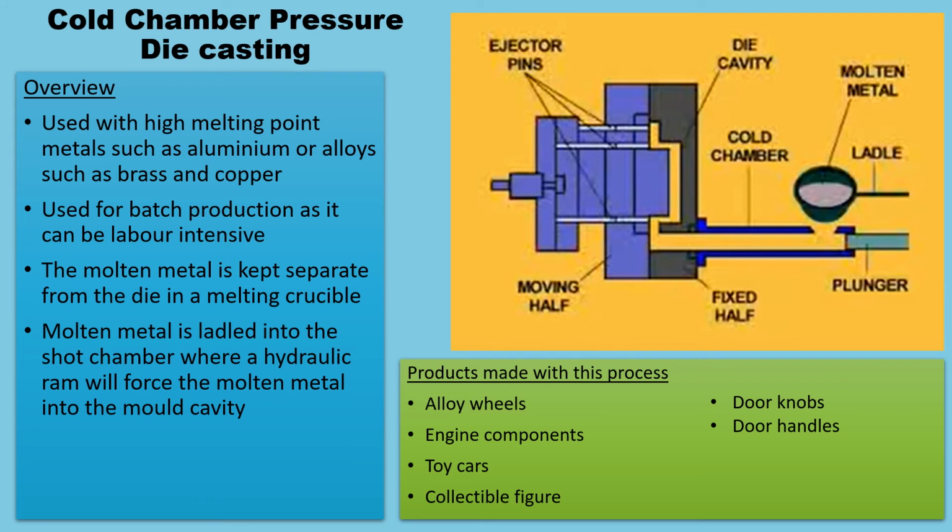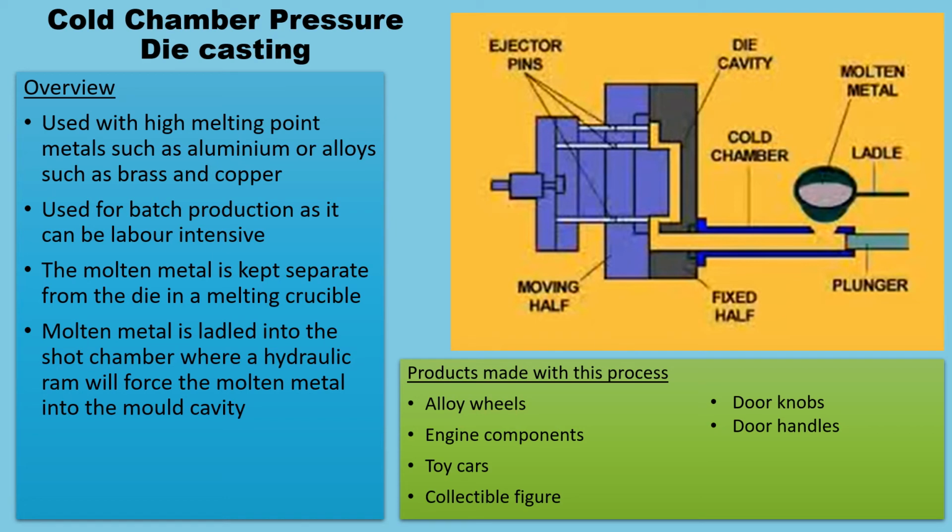So now that's cleared up. This again is a little revision resource for you for cold chamber pressure die casting. It has our diagram, but it also has our overview that helps to explain the process and the metals that are used. So again, one of the biggest changes in regards to cold chamber compared to hot chamber is that it is used with high melting point metals such as aluminium, or alloys such as brass and copper.